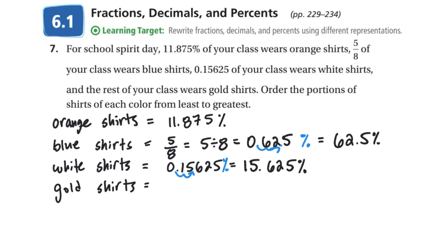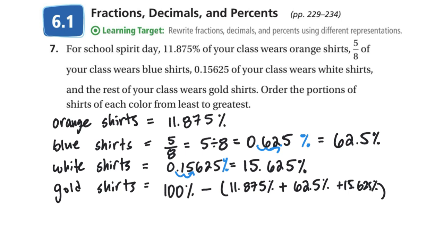So how many is gold shirts? Well, if you add up all of these percentages and subtract from 100, we're going to find out how much are the gold shirts. So let's take 100%, that's all the kids, and minus the orange shirts, the blue shirts, and the white shirts.